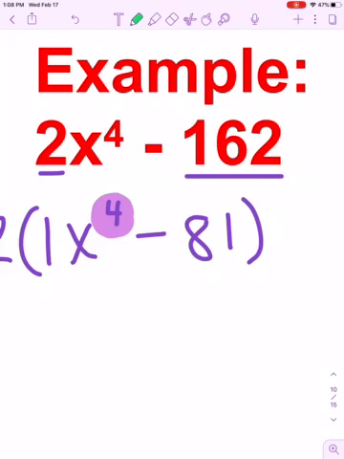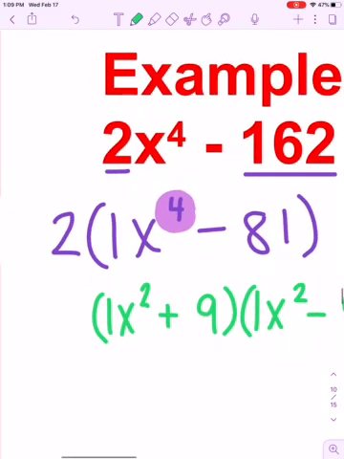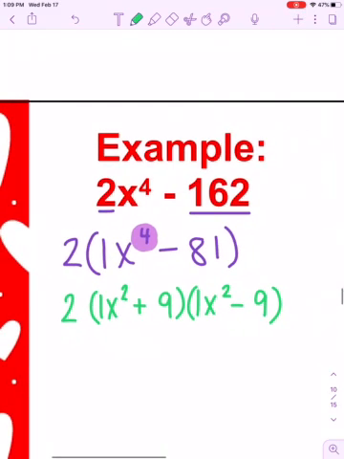You gotta split them into 2 pieces for it to be perfect. So I do have a difference of perfect squares here. So the square root of 1x to the 4th is 1x squared. 1x squared in both, because you just split that 4 into 2 pieces. The square root of 81 is 9, and your signs are opposite. And we took a 2 out at the beginning.